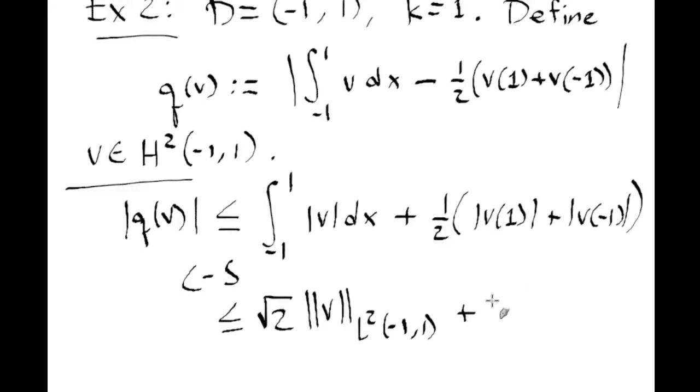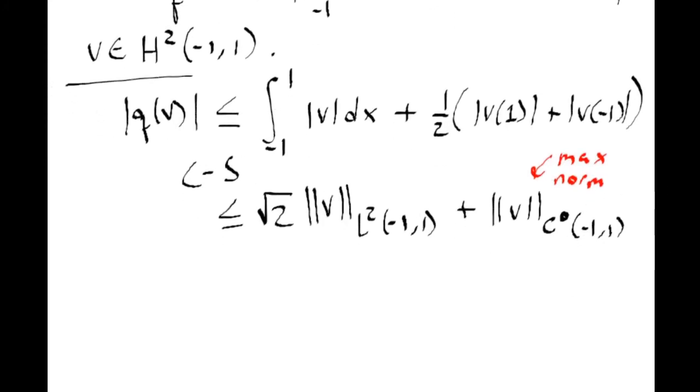So really we're going to write here v in the, should I write this C norm? C0 of minus 1 to 1. Okay, so this is the max norm. I'll just write it here, the max norm.